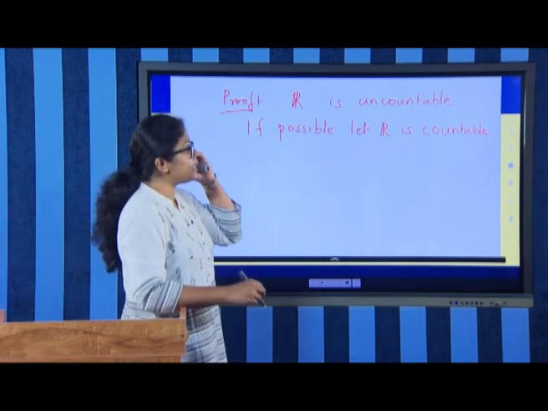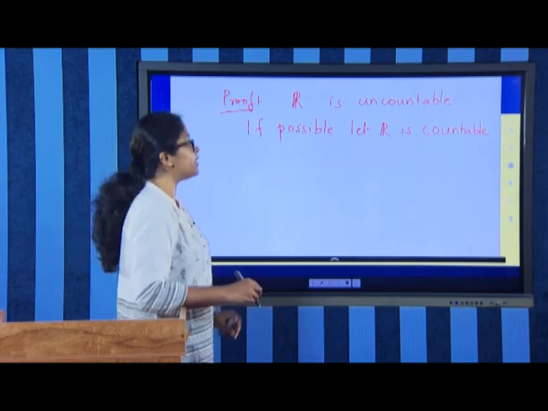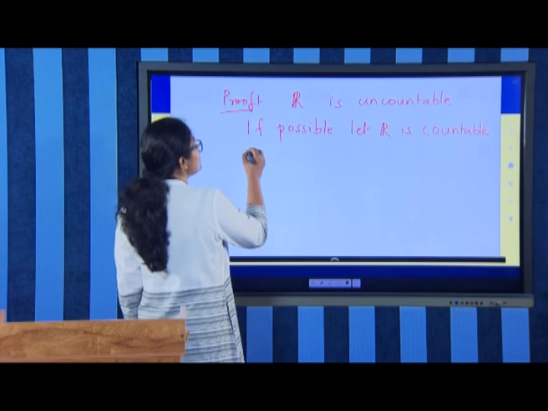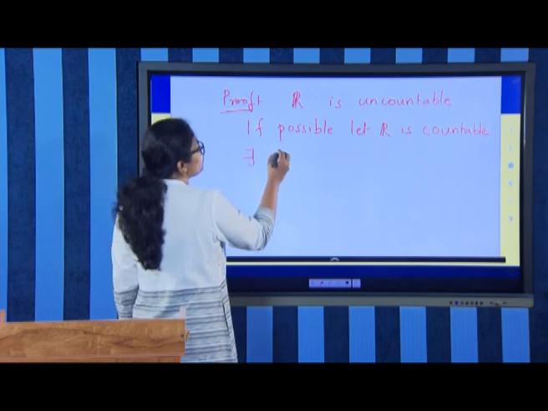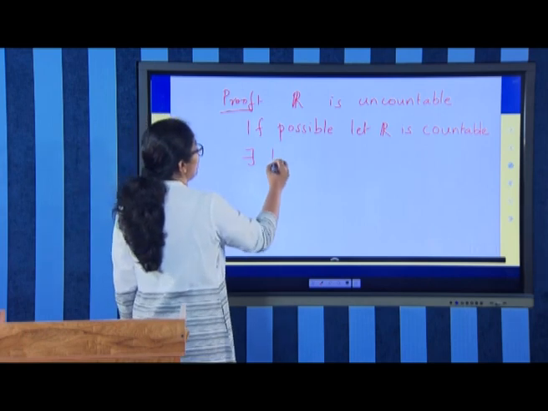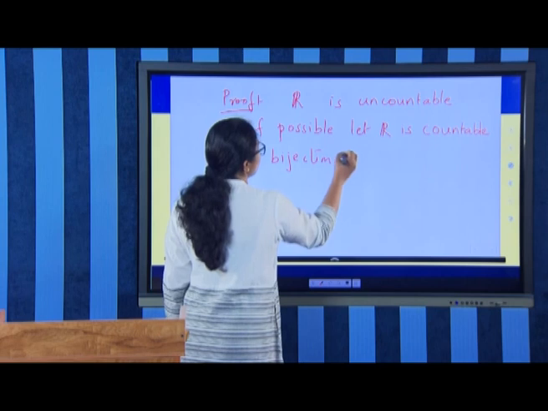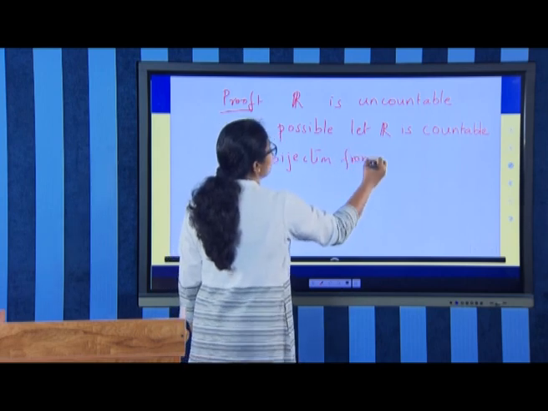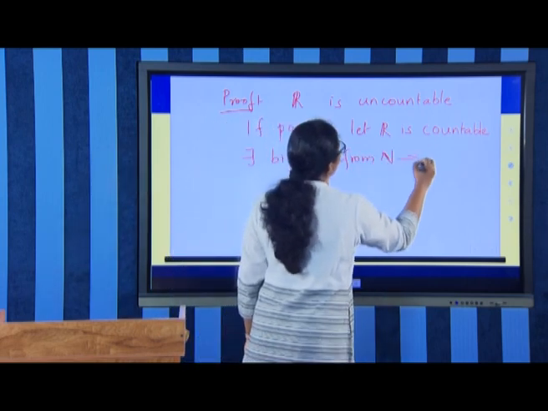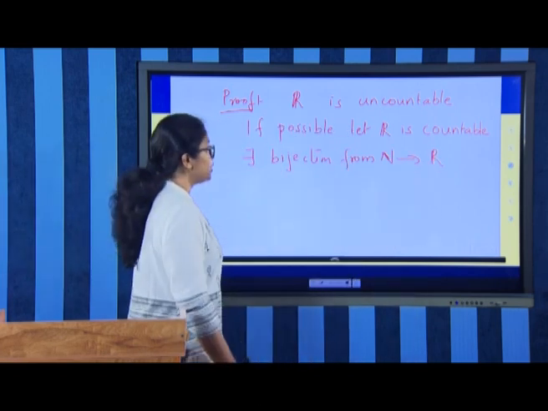The countable set is a set which is either finite or denumerable. We have seen in an earlier session, and so there exists a bijection from the set of all natural numbers to the set of all real numbers, because our assumption is that R is countable.